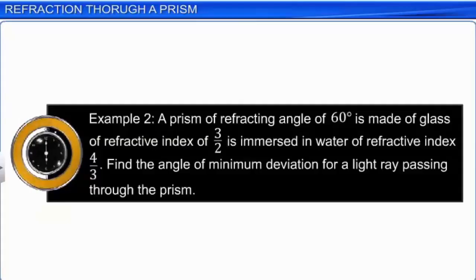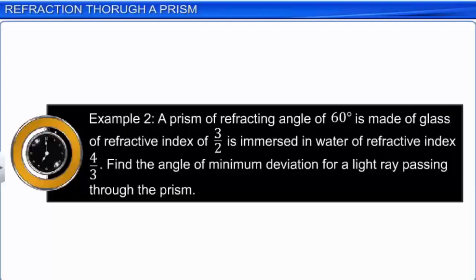As per equation 7, n21 is equal to sin((A + dm)/2) by sin(A/2). Since the prism is in water, n_gw is equal to ng by nw.